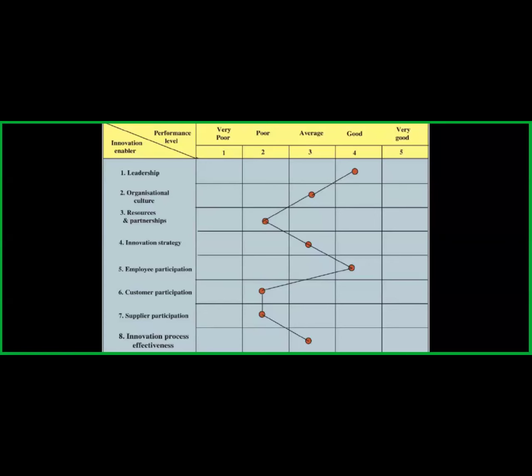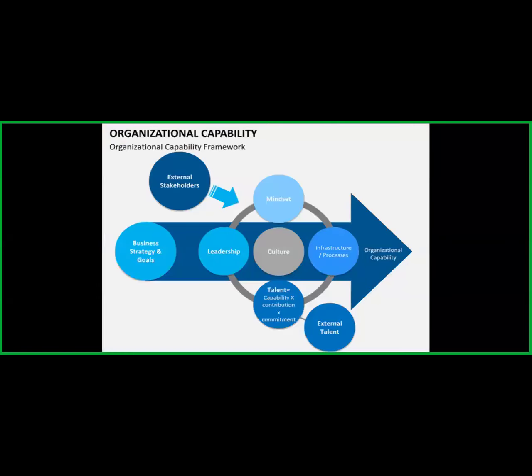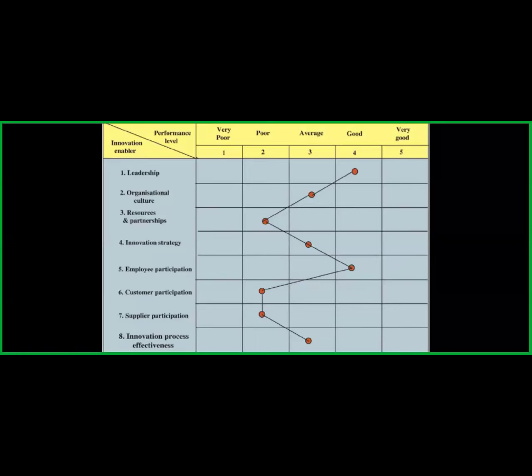We can see that under leadership, the dot is at 4. That means it is good, but it can move to very good. Very slight change is required. At the same time, we can see that resources and partnership, customer participation, and supplier participation have dots indicating a score of 2, which indicates poor.